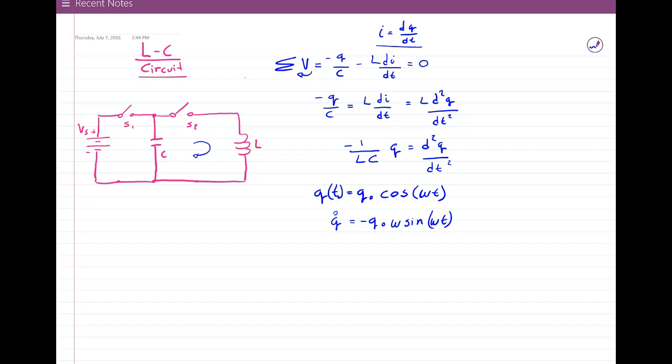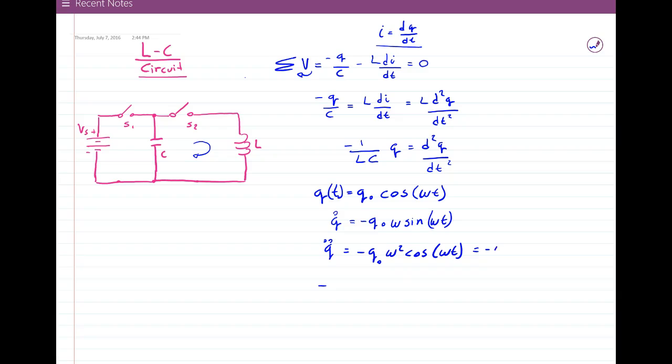You take the derivative of sine, you get positive cosine, right? So it's going to be negative Q0 omega squared cosine of omega t. But remember, the original was Q0 cosine, so we can write that as negative omega squared Q. So Q double dot is equal to negative omega squared Q.